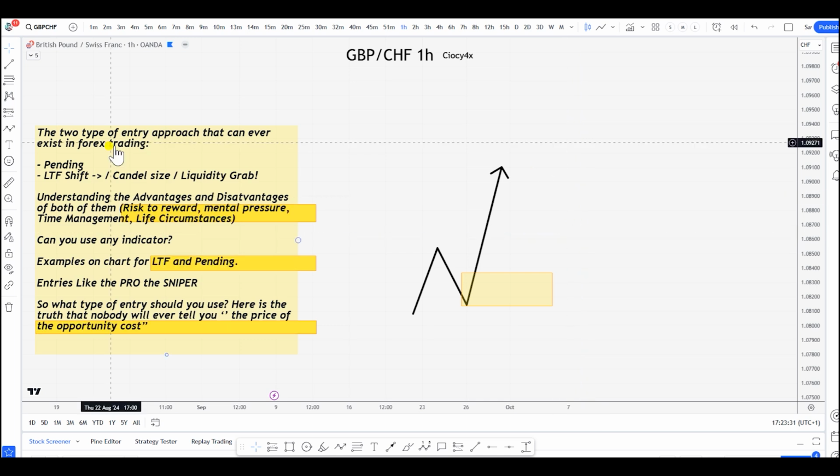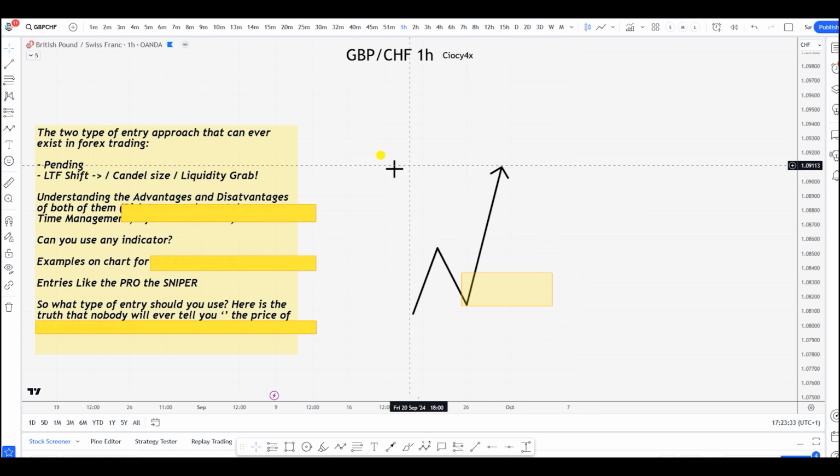On the lower time frame, I said shift, candle size, liquidity grab. Don't worry, we're going to go into that shortly and I'll explain what they are about. But you have to understand that there's just so much to it. There's only pending order and lower time frame, nothing else. Don't come up with anything complex. Now, why do you need to know this?